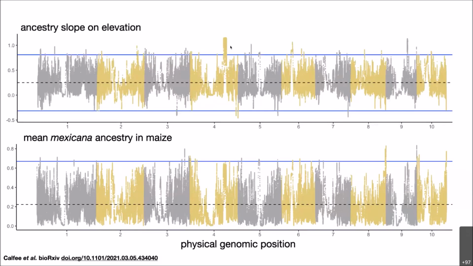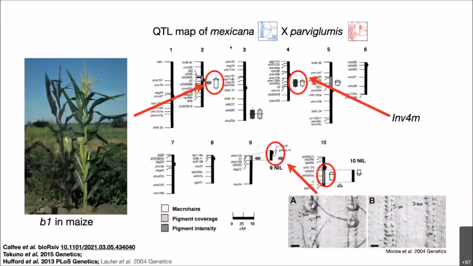And across the board, if we look at all of these candidates and ask, do we see patterns consistent with the idea of adaptive introgression, the most telling comparison is to compare them to QTL for phenotypic differences between the highland and lowland teosinte. This mapping was done by John Dobley's lab a number of years ago, where he mapped a bunch of phenotypic traits that are thought to be adaptive between the two teosinte subspecies.